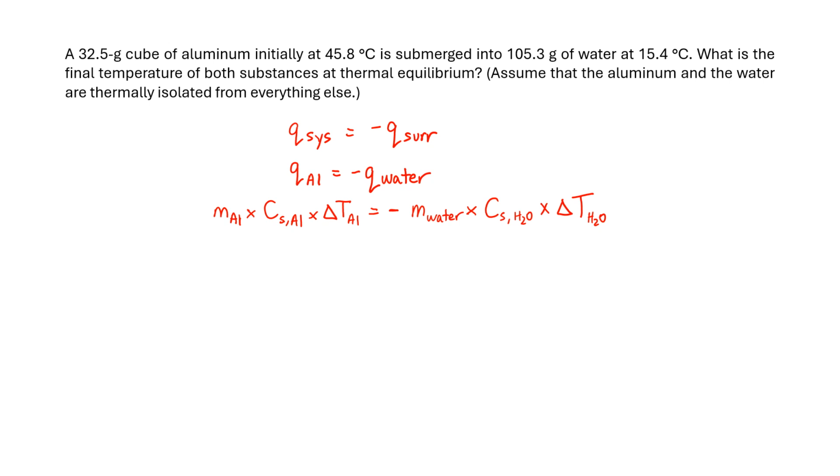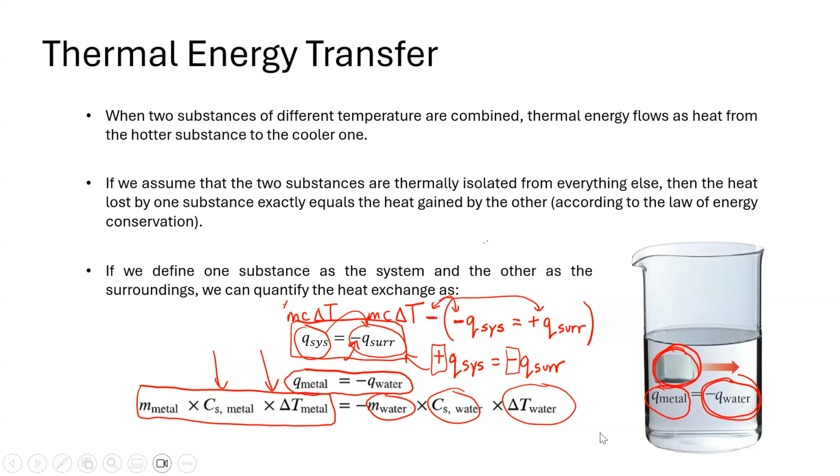Now, one important thing to keep in mind here is that once both of these substances exchange energy, the final temperature of both of them is going to be equal. Why does that make sense? If something is hot and the other thing is cold, in this case the metal is hot and the water is cold, the hot metal is making the water warmer, and the metal is becoming colder.